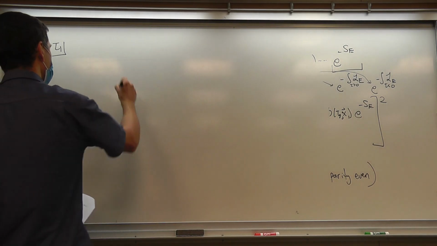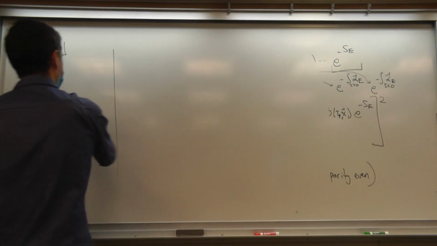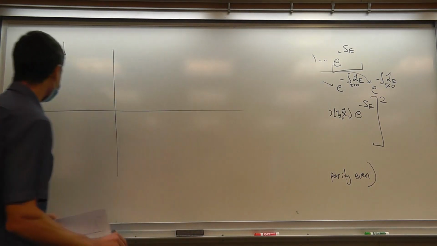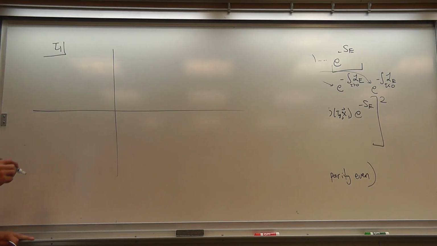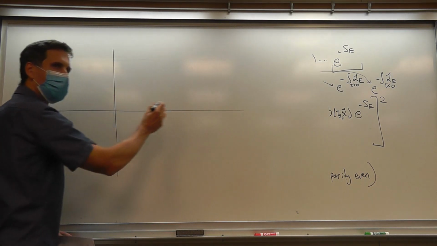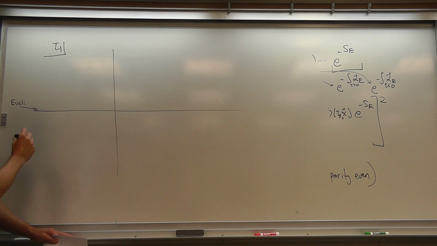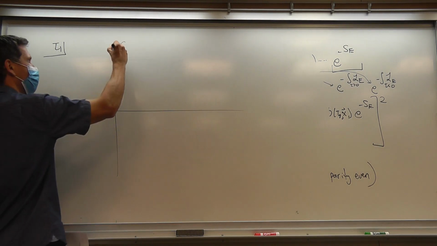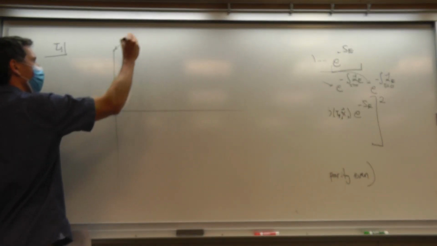and then look at the complex tau 1 plane. We're going to freeze everything else. So this line is the Euclidean line. If we're along here, tau 1 is real. And this line here is the Lorentzian one.